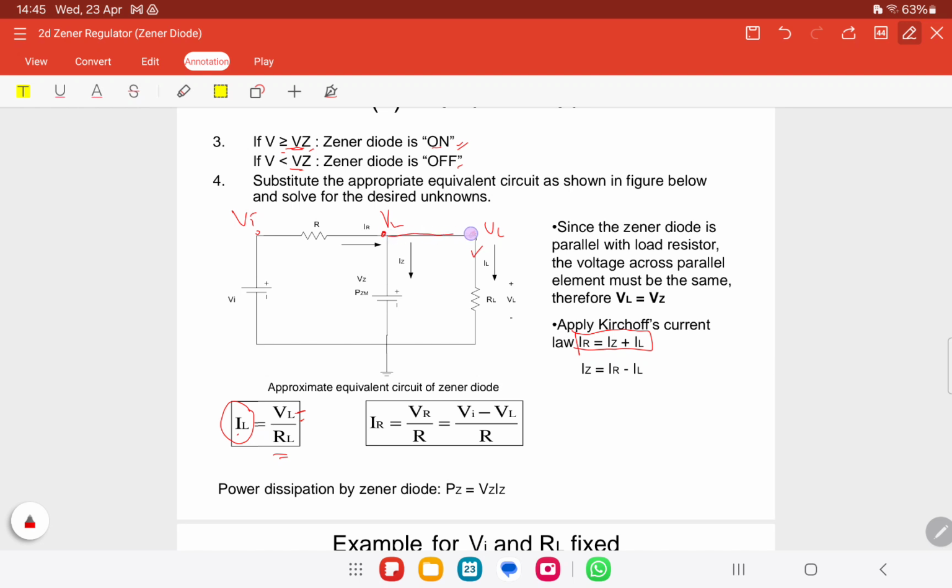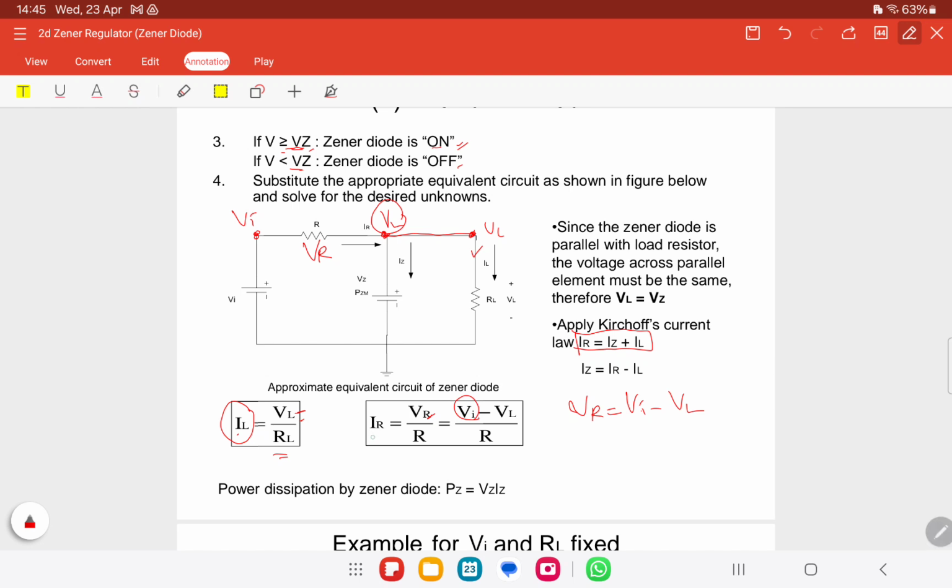So that is how we get the VR: VR equals to VI minus VL, V sebelum tolak V yang selepas, to get the voltage at the resistor.